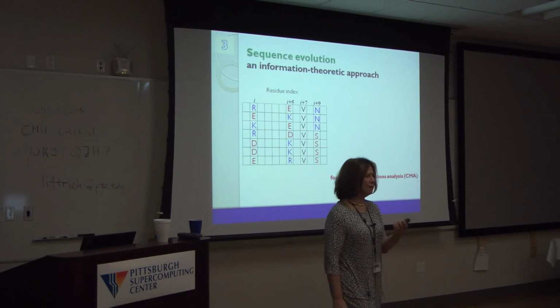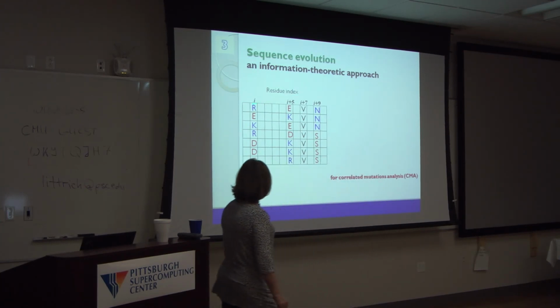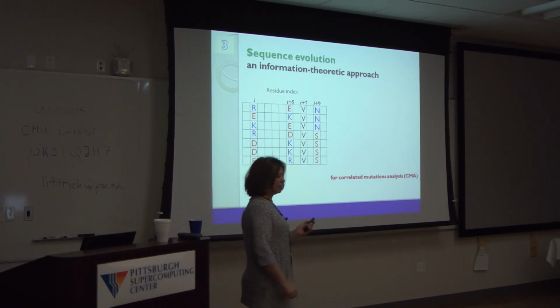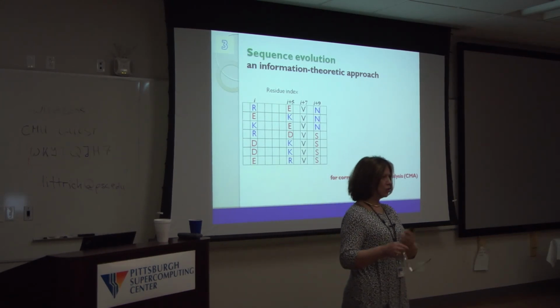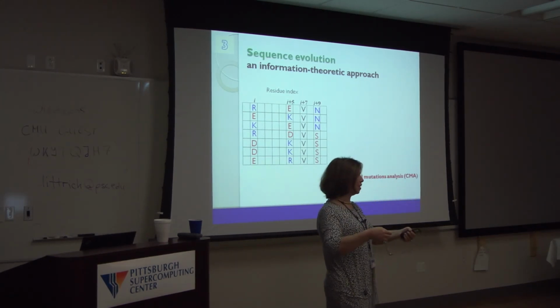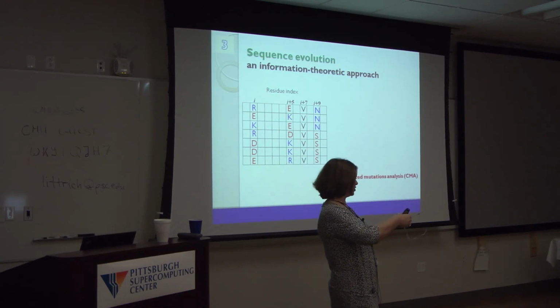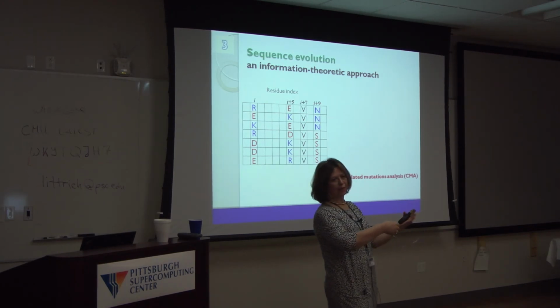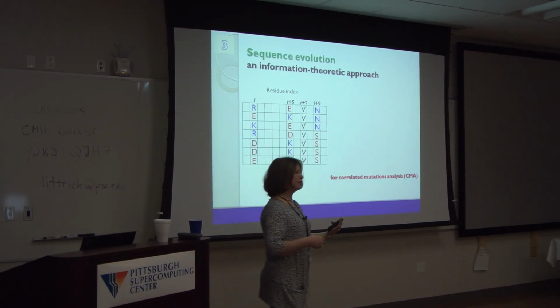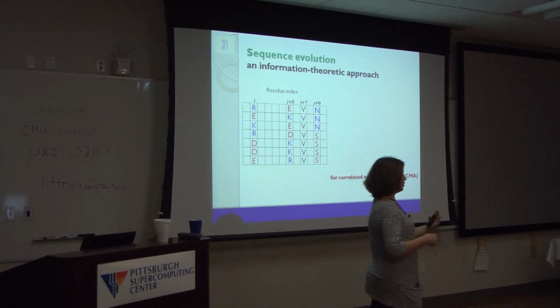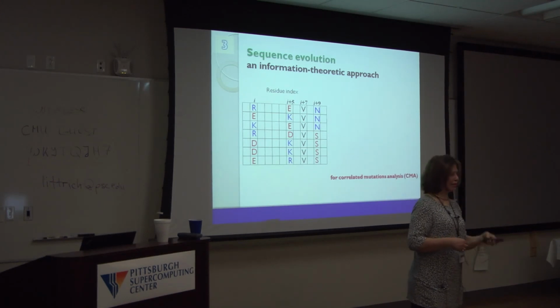And people have been interpreting the coevolutionary data in the context of tertiary contacts all the time. So if two amino acids co-evolve, they are likely to make a contact in the structure. That's what they think. But nowadays, we are starting to think a little bit more broadly, flexibly, let's say.